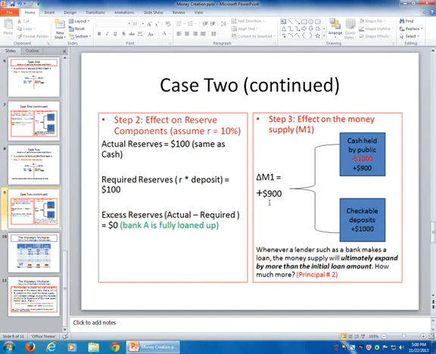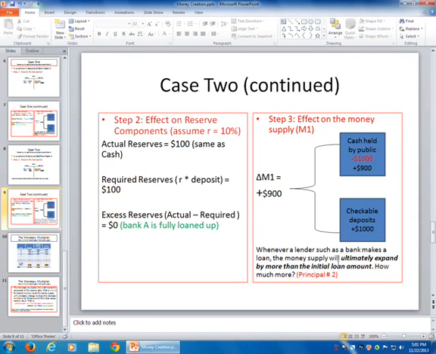And the amount that goes into excess reserves will be loaned out, and the process will continue. So this $900 that we're seeing in case 2 is really just the first iteration of money that's created stemming from that initial deposit of $1,000. All of this activity results from customer A making a deposit of $1,000 in case 1.